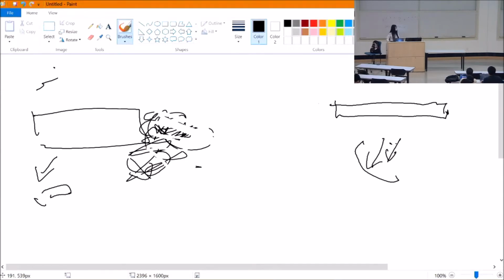I guess I can use some shapes like this.